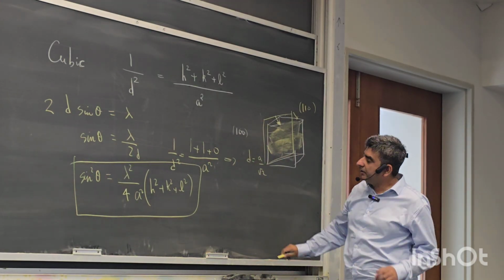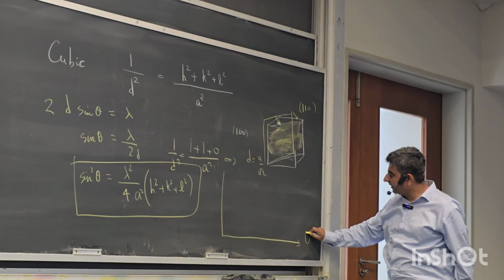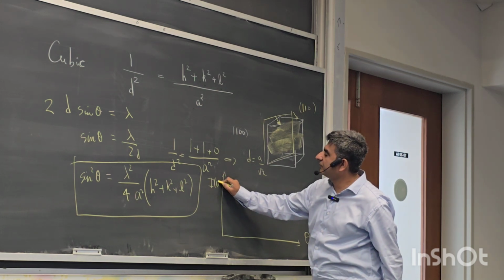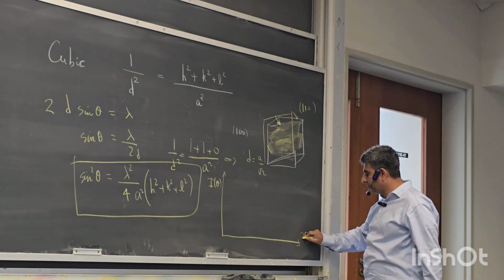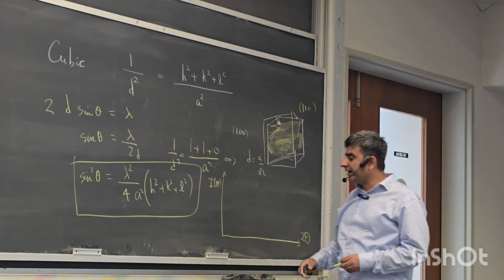Now what a spectrum looks like is the following: you have thetas here and you have some intensities of X-rays as a function of theta. In fact, you have 2 theta here. You plot generally with respect to 2 theta. So you get a spectrum.